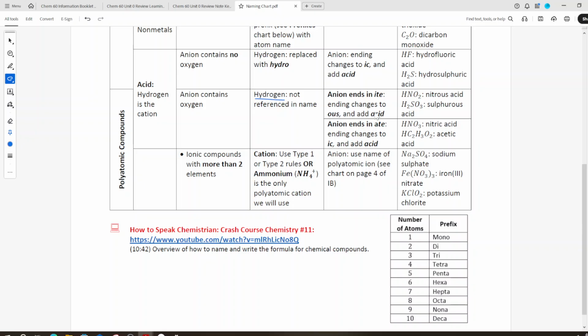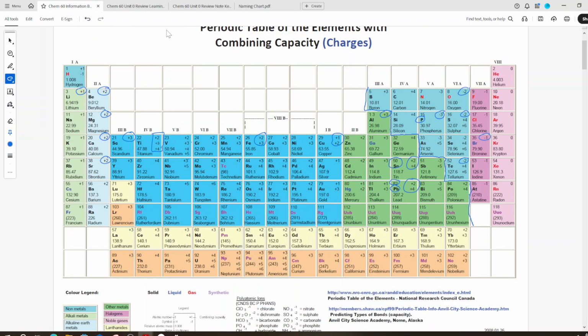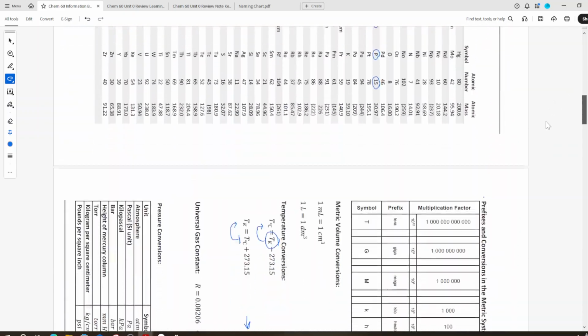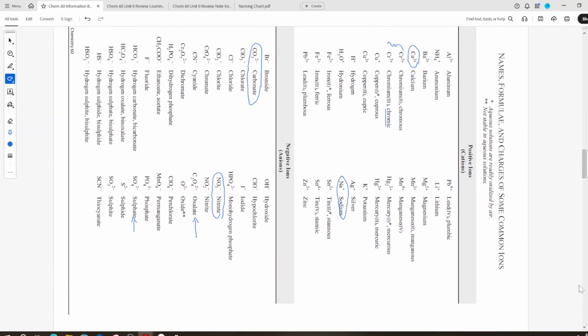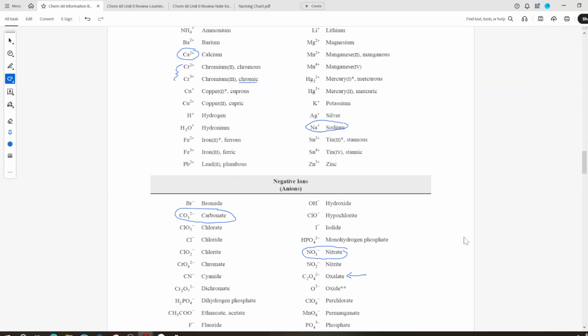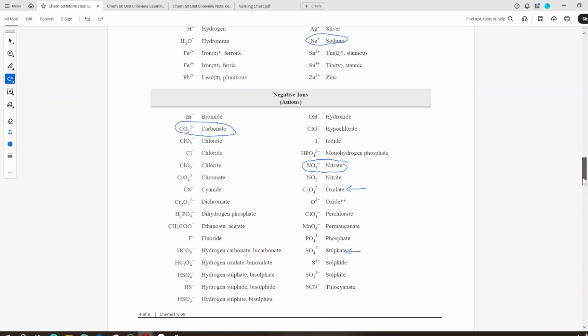Here's the hard part. If the anion ends in an ite, then you change the ending to us and put acid. So for example, NO2, if we look at our information booklet, so much scrolling. If we look here and then rotating. If we look over here, I've forgotten what we're looking up.